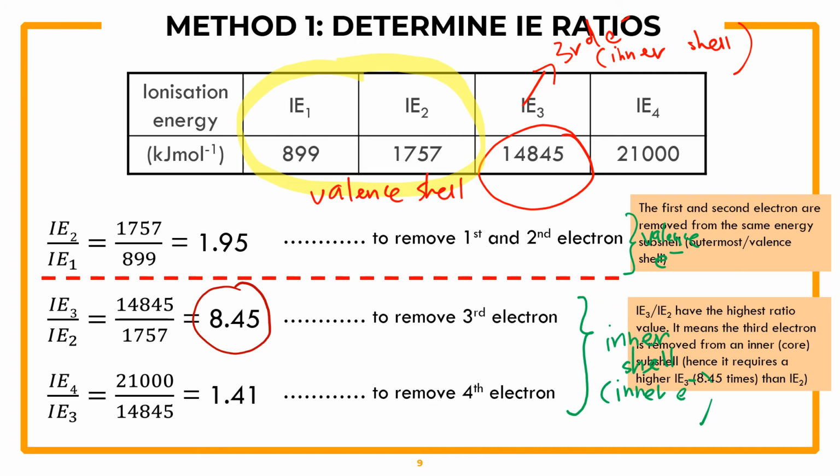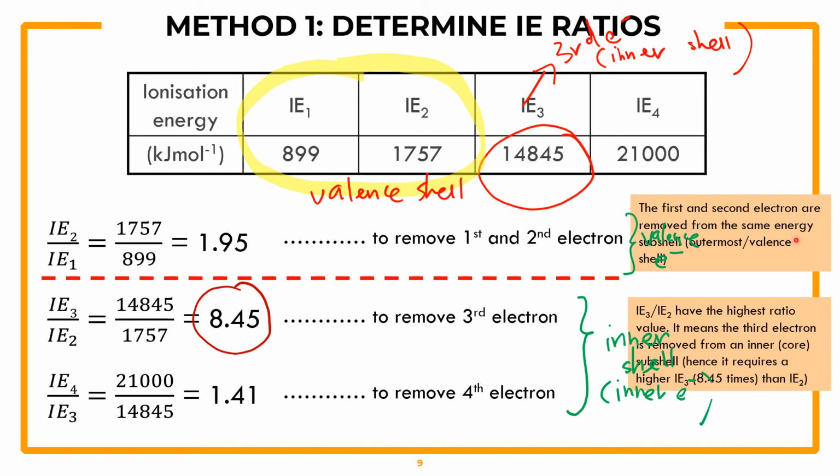Okay, so betul tak dengan kita punya pengiraan tadi? Yes, dah tally. Okay, so kita hanya ada sebanyak first and second electron di dalam valence shell. Okay, so total electron di valence kita adalah sebanyak 2 valence electron.